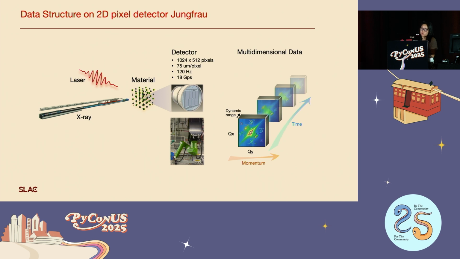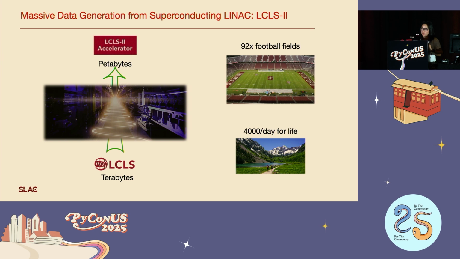For example, one axis is momentum, which basically maps out the whole material in 3D space, and another is time, to see how the electrons and atoms are moving, and also the intensity of the movement. Right now, with the current linear accelerator called LCLS, which stands for Linac Coherent Light Source, we produce hundreds of terabytes over 60 hours.